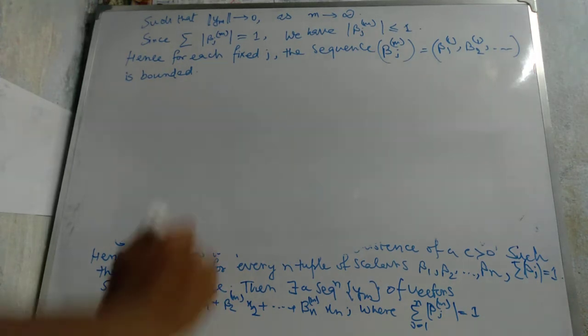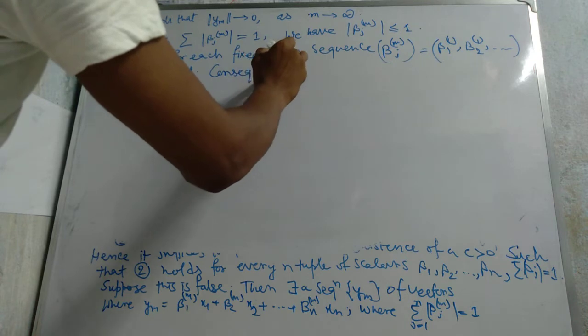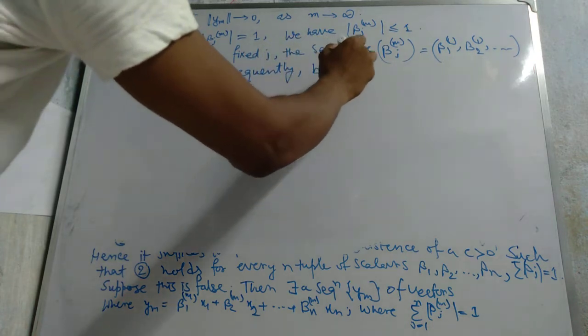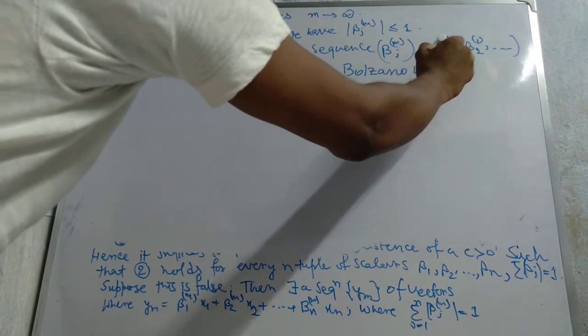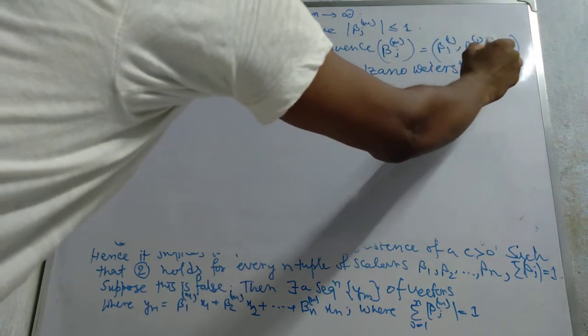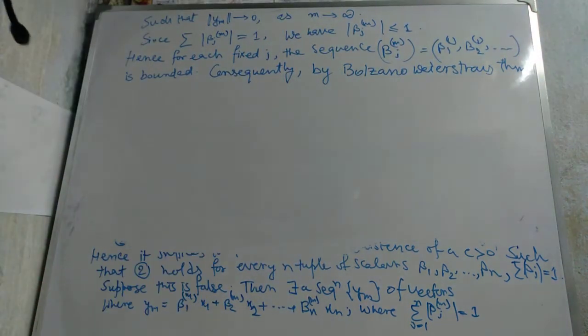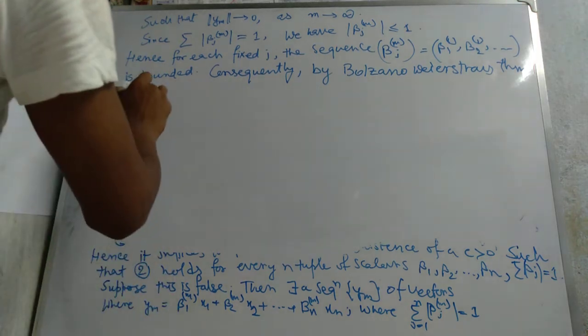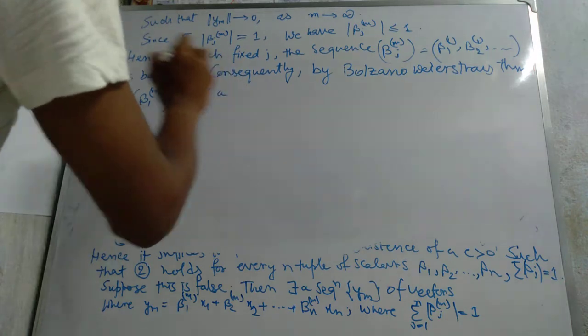Consequently, by the Bolzano-Weierstrass theorem, beta 1m has a convergent subsequence.